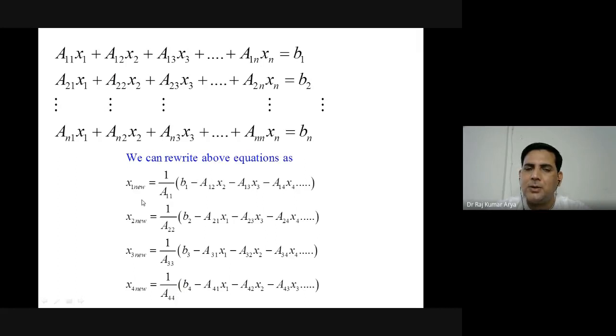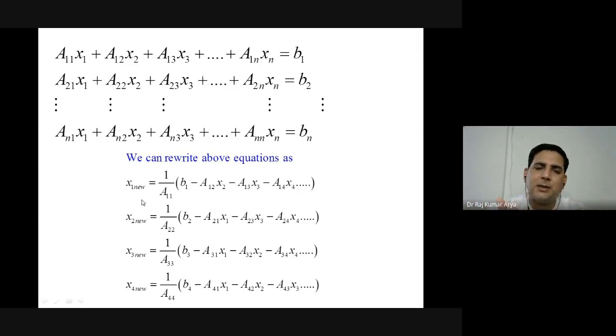Let's say you want a consistent value up to 4 decimal places. You check whether the difference is, say, 1 into 10 to the power minus 5, which means you have consistency up to 4 decimal places. That is how you fix the tolerance: what should be the difference between the calculated value and the old one.